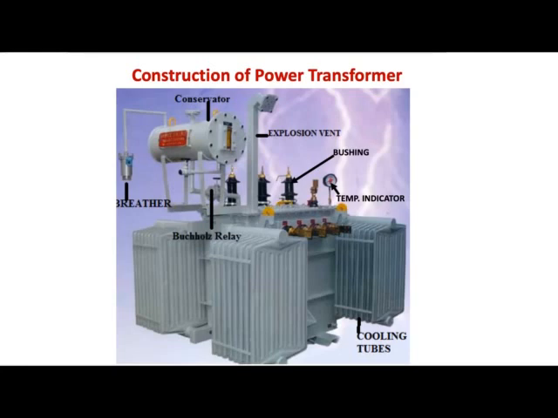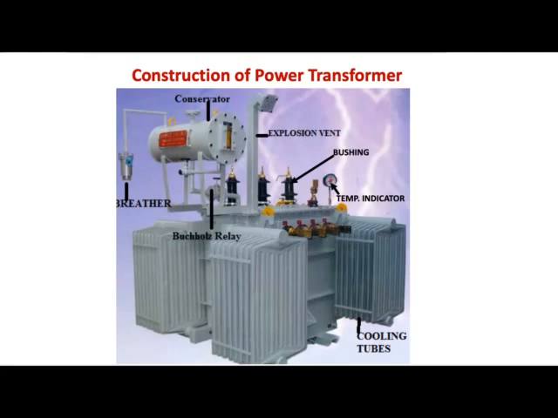Hence, to absorb the moisture, the breather is used, and it is filled with silica gel so that it absorbs the moisture from the normal atmospheric air before it enters the tank or the conservator. So it is the natural flow of air from the conservator through the breather to the atmosphere, known as the breathing of the transformer.